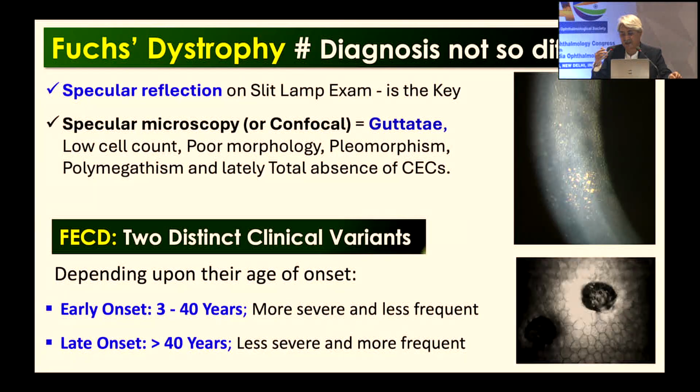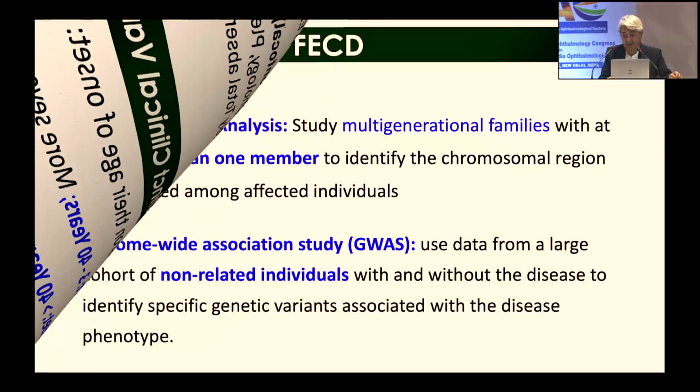There are two distinct clinical variants of Fuchs depending upon the age of onset, early onset and late onset. Early onset, between 3 to 40 years, is more severe but less frequent; we do not see much. What we see is late onset, more than 40 years, which is perhaps less severe.